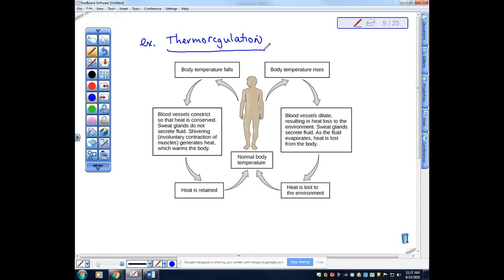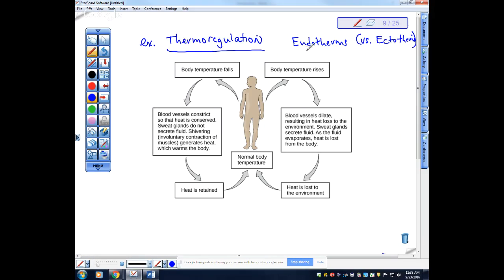So we are endotherms versus ectotherms. I'm going to run out of room here. Okay, so we're endotherms versus ectotherms.